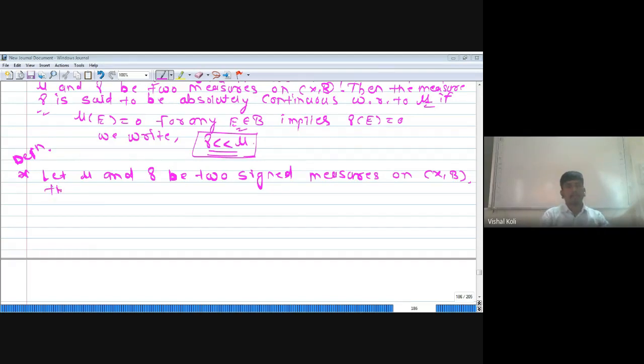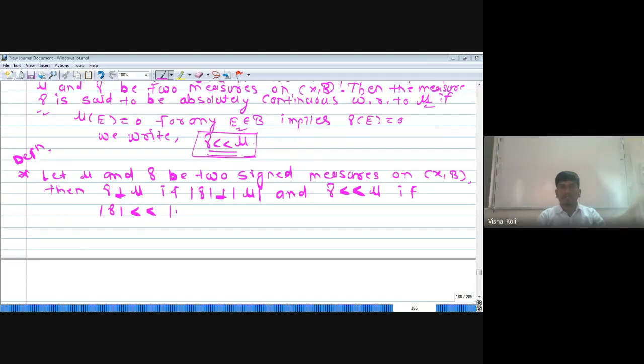Then gamma is mutually singular with mu if the modulus of gamma, that is the total variation of gamma, is mutually singular with the total variation of mu, and gamma is absolutely continuous with respect to mu whenever the total variation of gamma is absolutely continuous with respect to the total variation of mu.